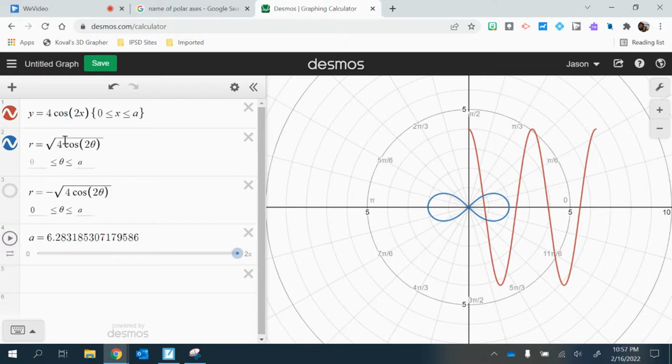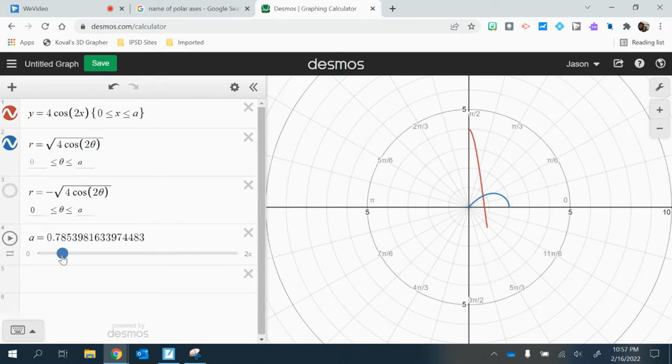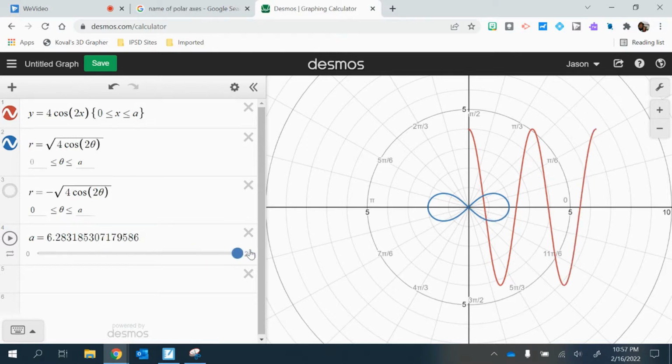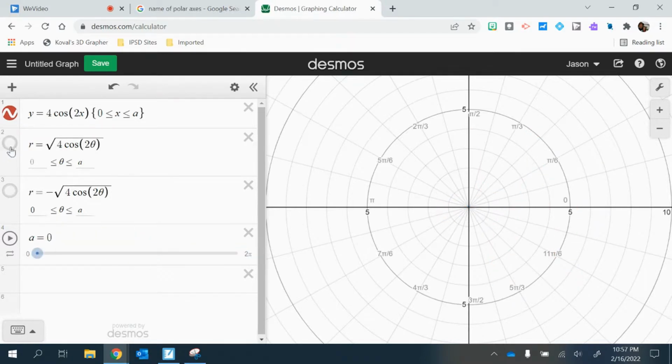But what's happening is because we have something that's squared, if we take the square root, it ends up only working about half the time. Anytime this is negative, it pauses. It doesn't work. So what if we took the negative values?